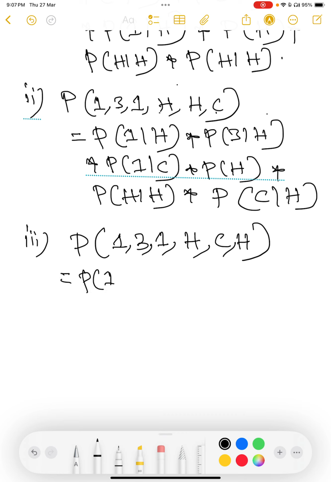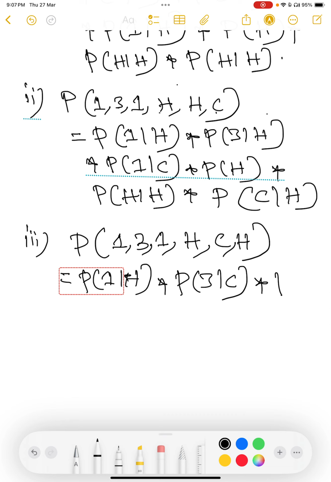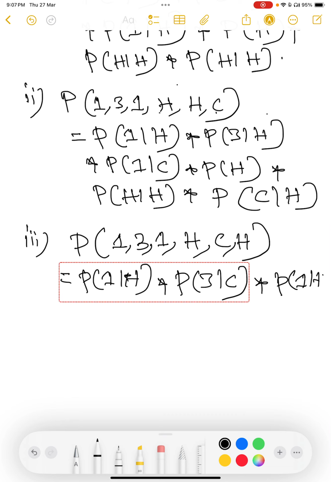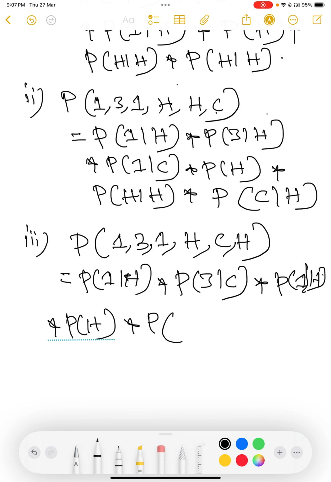Probability of 1 given H into probability of 3 given C into probability of 1 given H into probability of H. So this is the transition probability. That's the prior probability H, and C given H into probability of H given C.